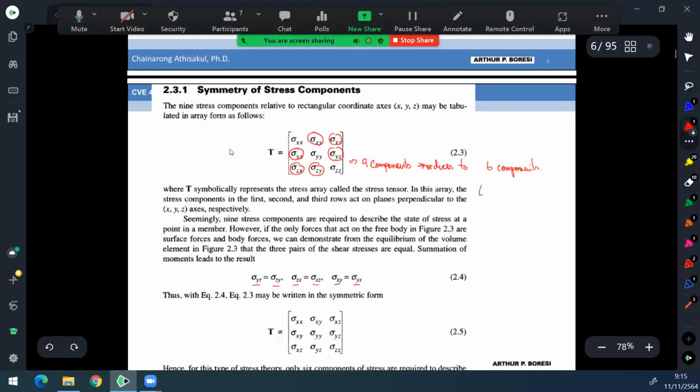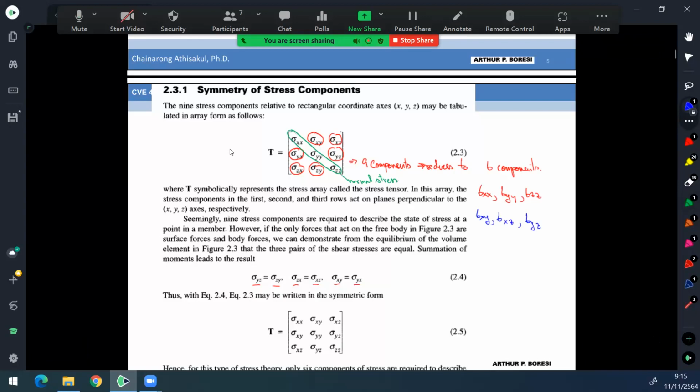These are composed of the normal stresses sigma xx, sigma yy, sigma zz, which are on the diagonal of the stress tensor. We call these the normal stresses. And the others are composed of sigma xy, sigma xz, and sigma yz.